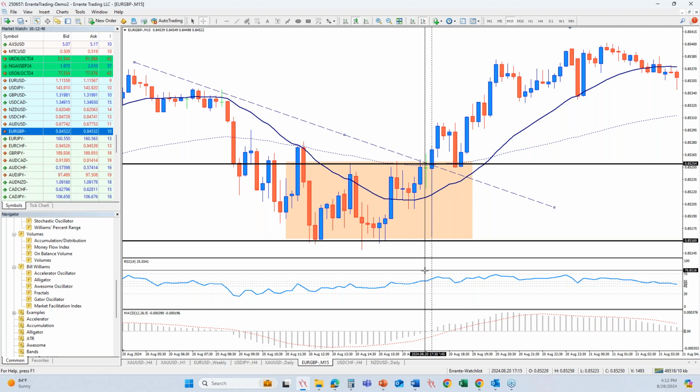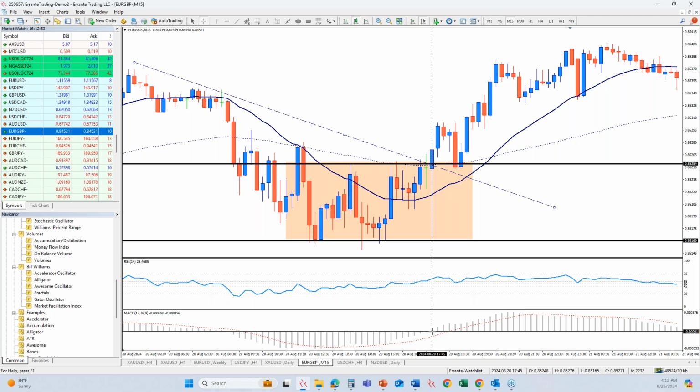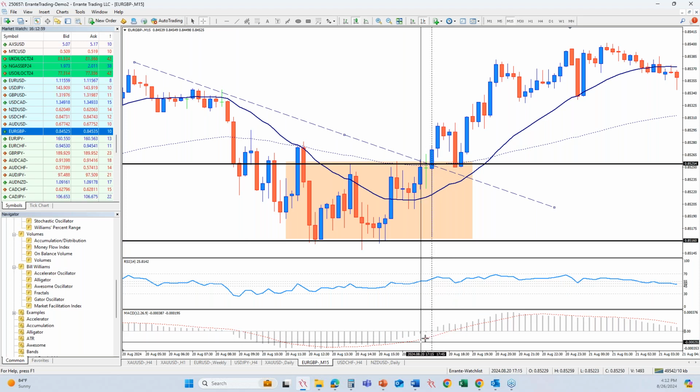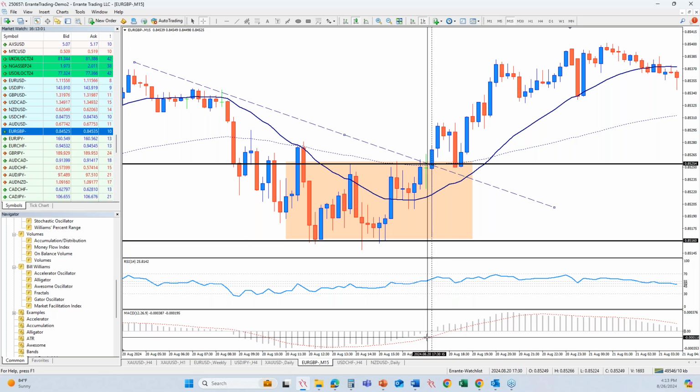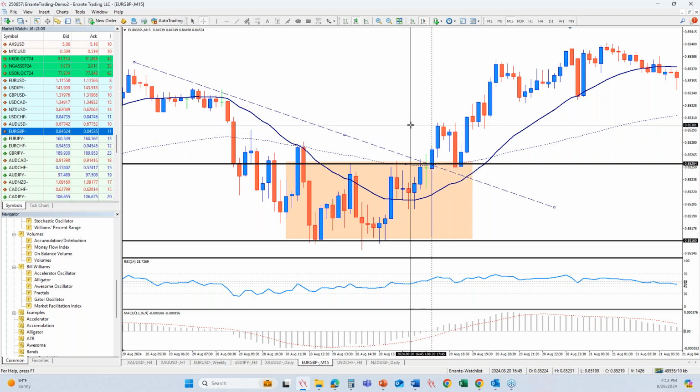And also we have the confirmation from the RSI and MACD, where we see the MACD cross above the zero line, which is a bullish signal, above the signal line, which is another confirmation for this bullish breakout.